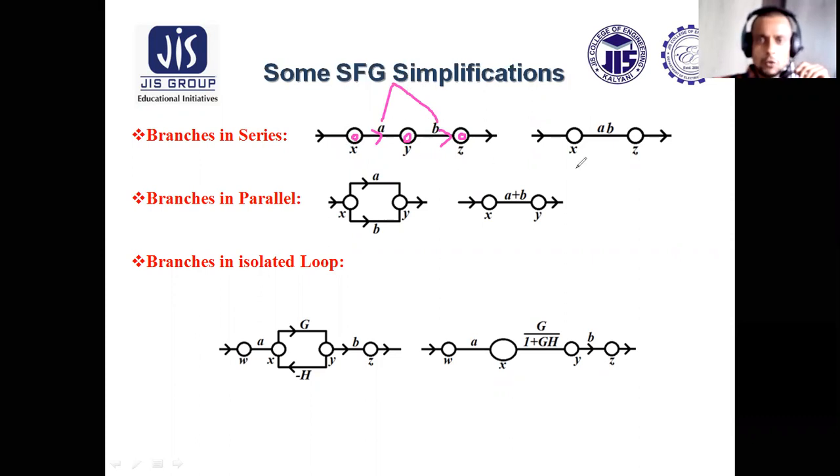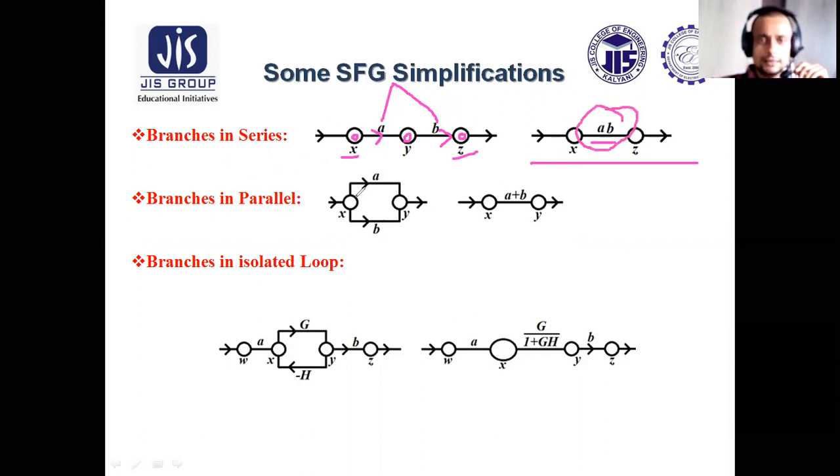So what would be the overall transmittance between input node X and output node Z? As these are connected in series or back to back, like in block diagram reduction technique, both the transmittances will be multiplied together to get the overall transmittance. So between X and Z, there is overall transmittance of AB.